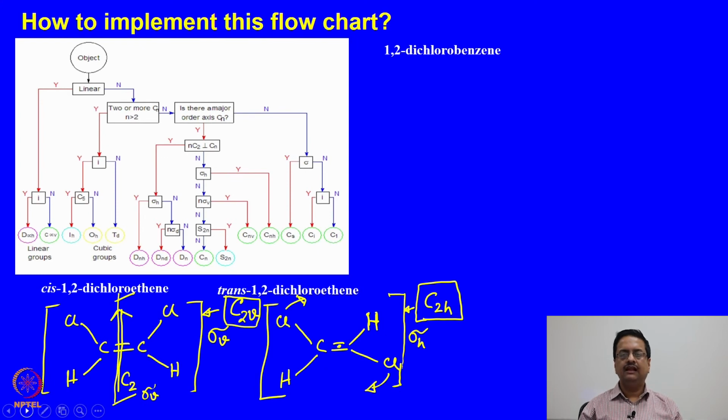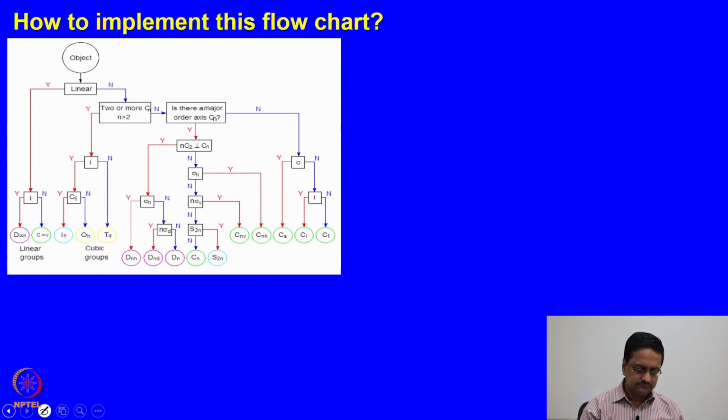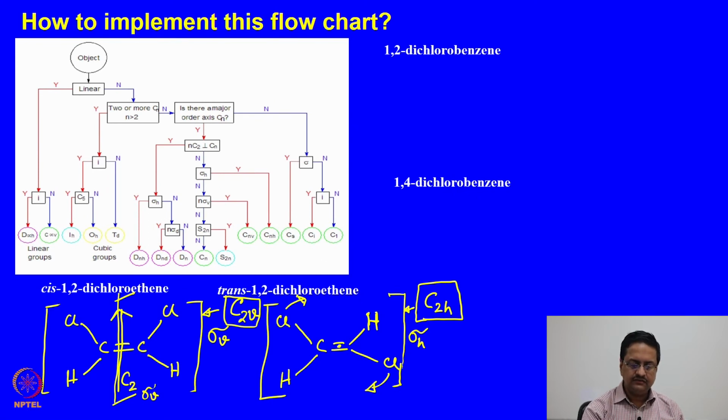What about 1,2-dichlorobenzene? Once again, we should try to draw the molecule and try to find out the symmetry elements that are present. By adding 2 chlorines on benzene, we have destroyed the C6 symmetry.